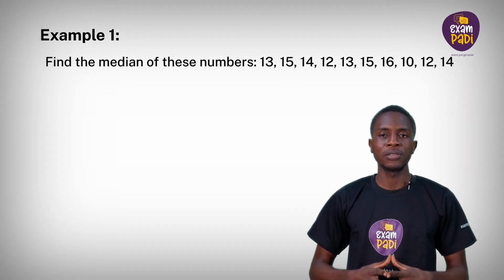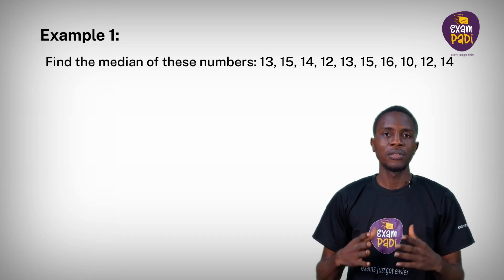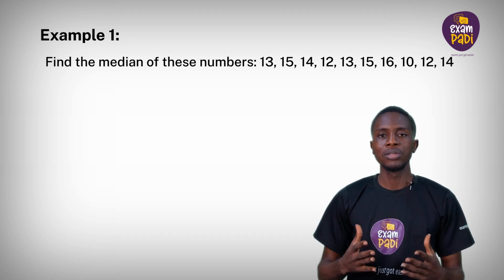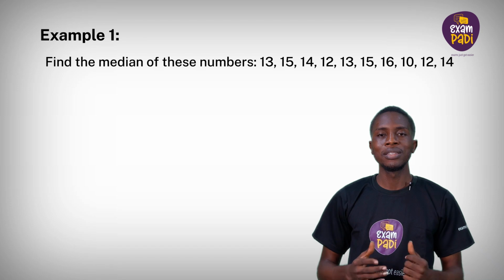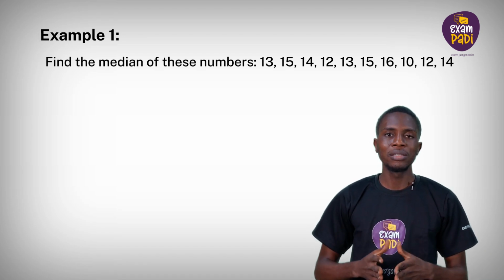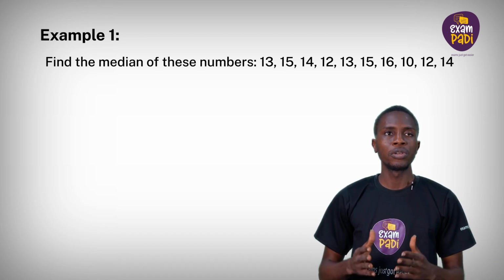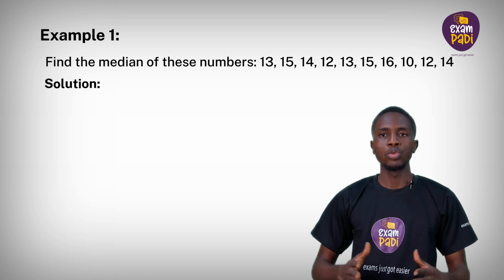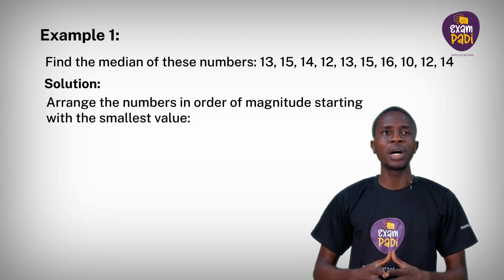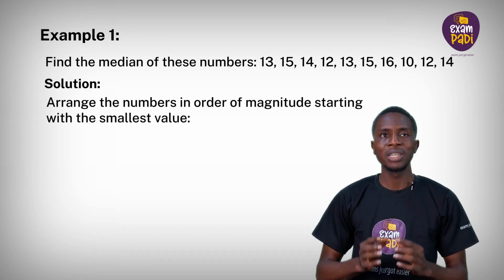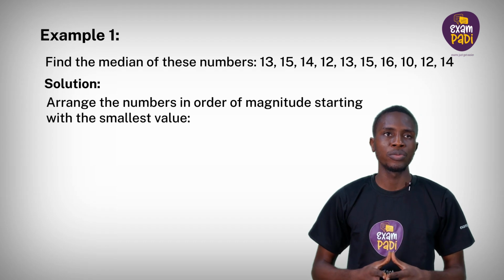Example 1. Find the median of these numbers: 13, 15, 14, 12, 13, 15, 16, 10, 12, and 14. Solution. Arrange the numbers in order of magnitude, starting with the smallest value.